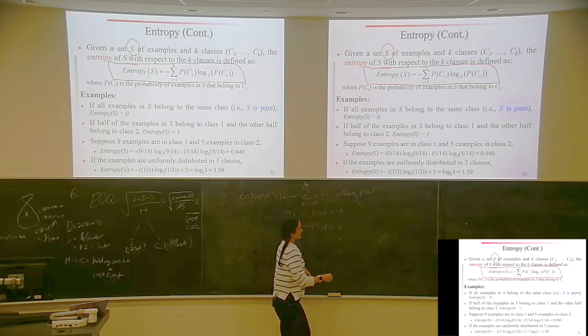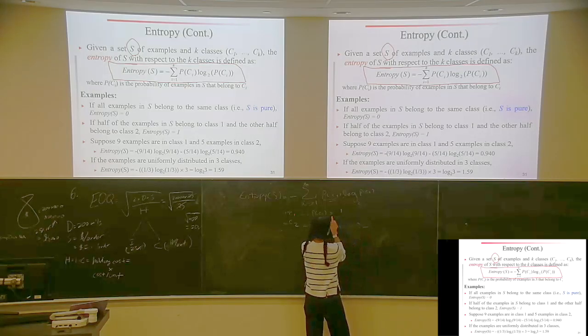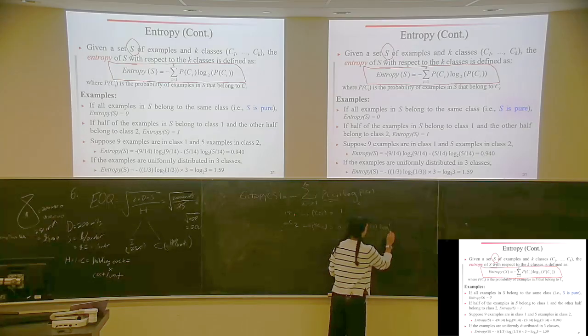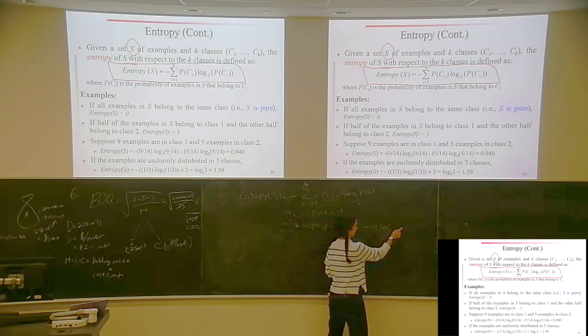Now why will entropy be 0? Because entropy is minus, right? Sigma p_i multiplied by log of p_i. So what is your p_1? 1, right? Multiplied by log of 1. What is log of 1? 0, right? 2 to the power of 0 is 1.